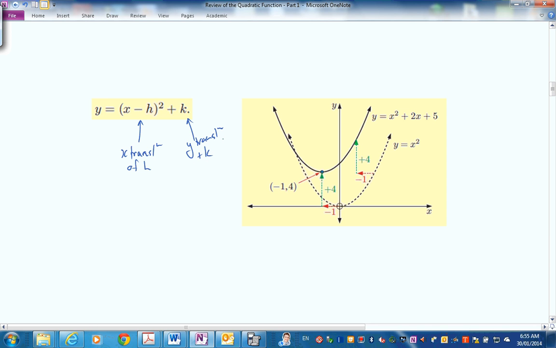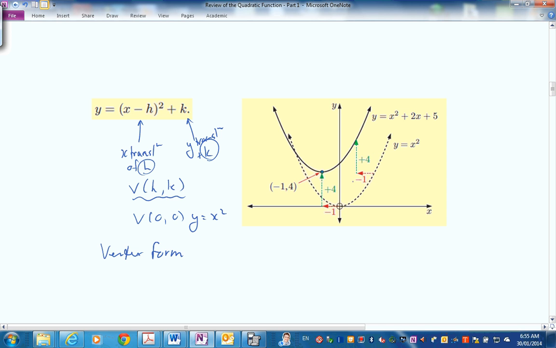So this would give you the new vertex, wouldn't it? The vertex would now be (h, k), or the peak of the function. The peak of the function originally was (0, 0) in y equals x squared. And if I move that to (h, k), that will be my new vertex.